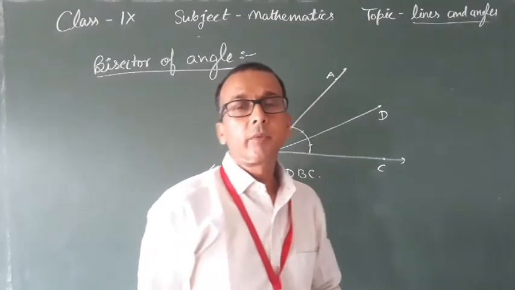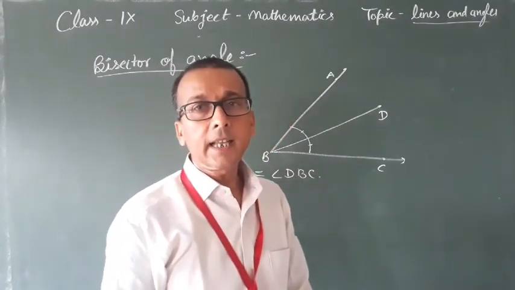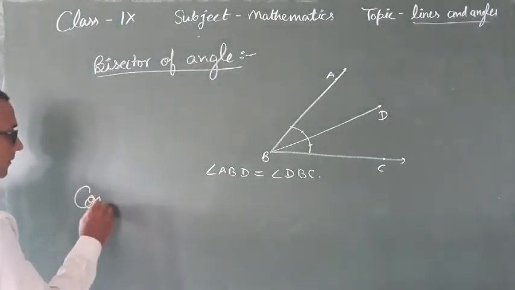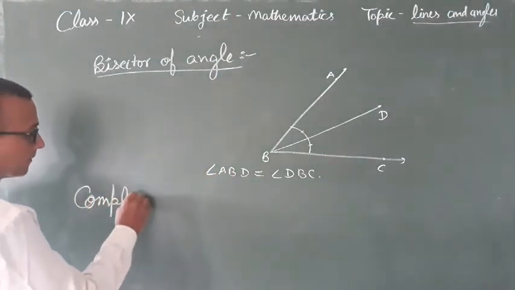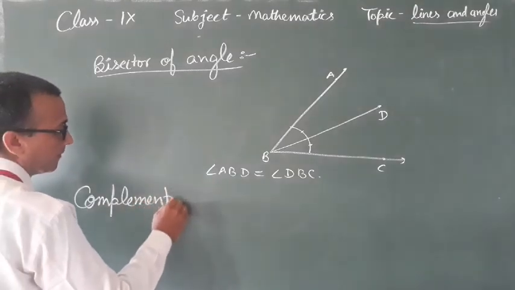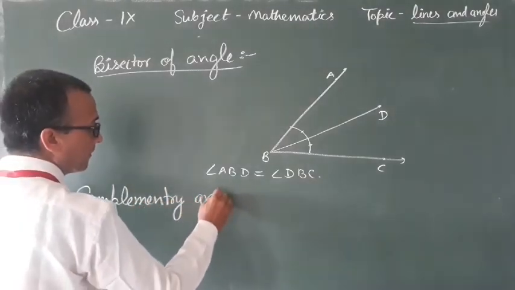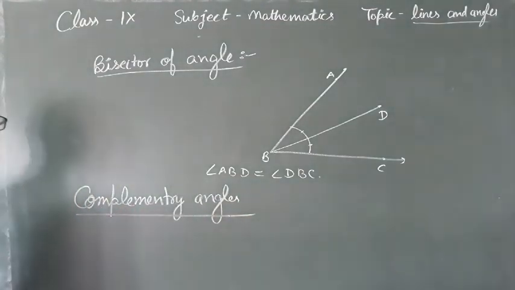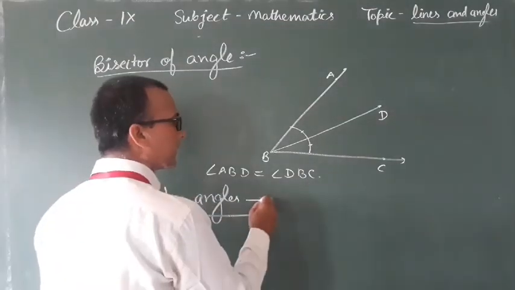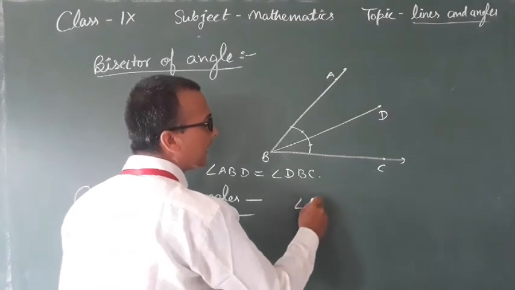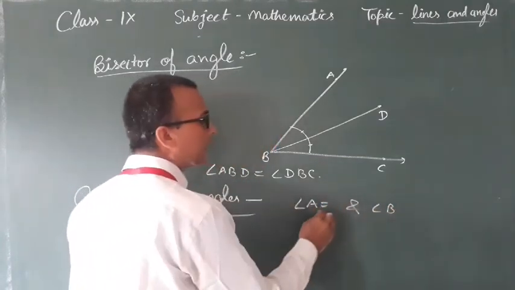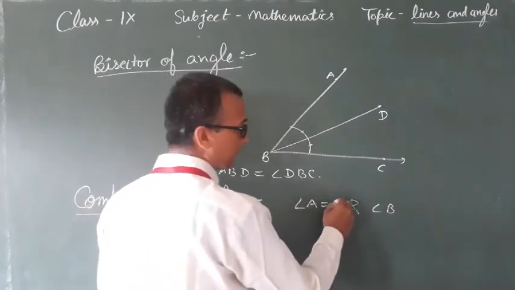Let us know what is complementary angle and supplementary angle. Complementary angle. Let us consider there are two angles, angle A and angle B. Measurement of angle A is 40 degrees.